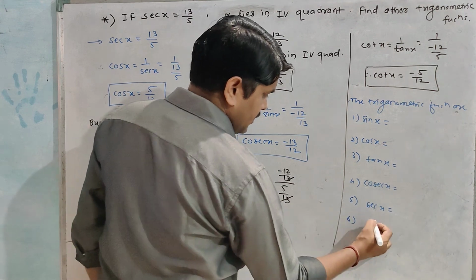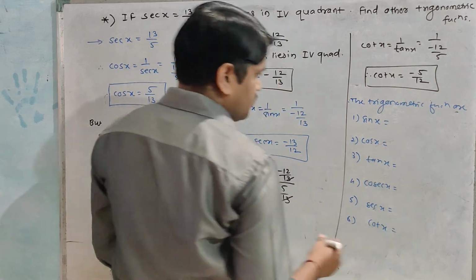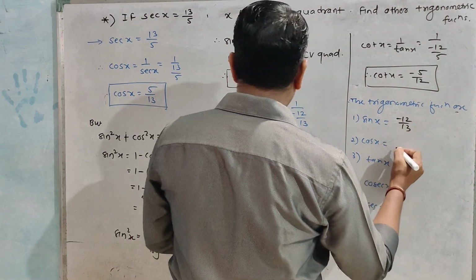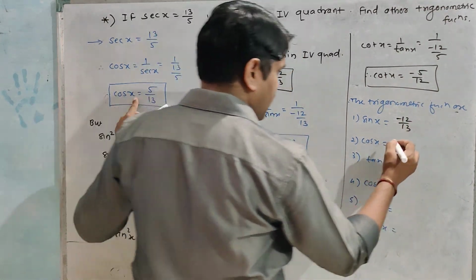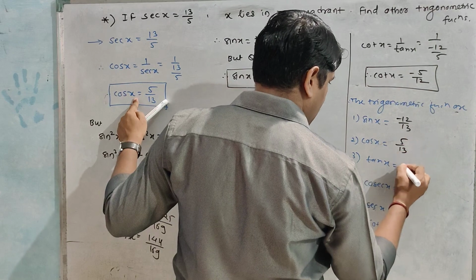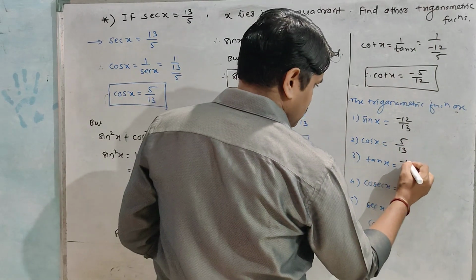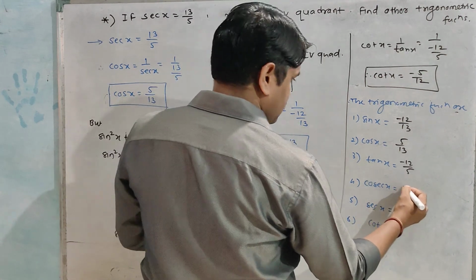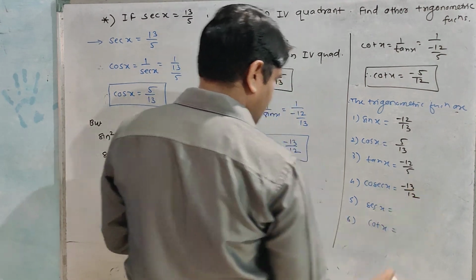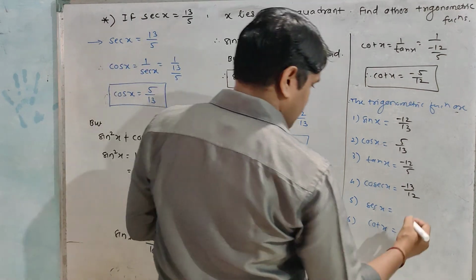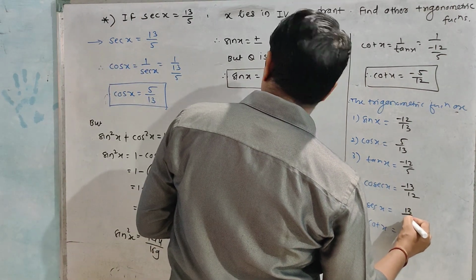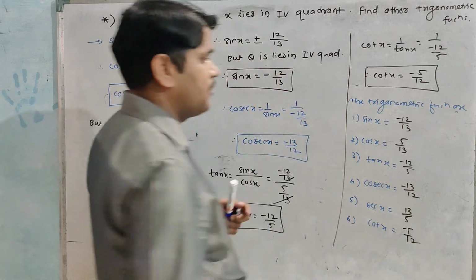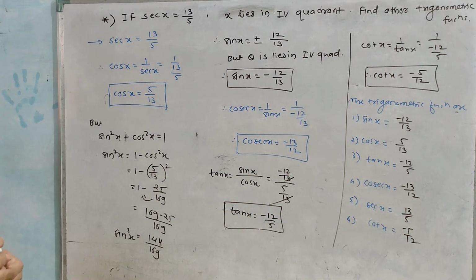The sequence can be anything, no problem. So sin x is minus 12 upon 13, cos x is 5 upon 13, tan x is minus 12 upon 5, then cosec x is minus 13 upon 12, sec x is already given, it is 13 upon 5, and cot x is minus 5 upon 12. Understood?